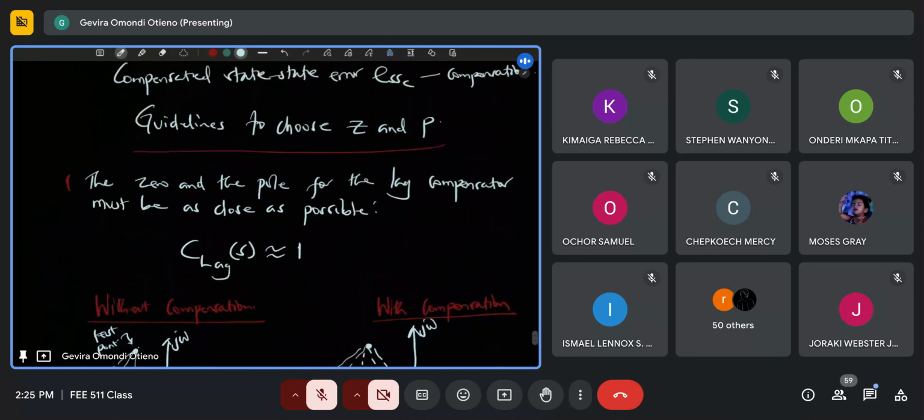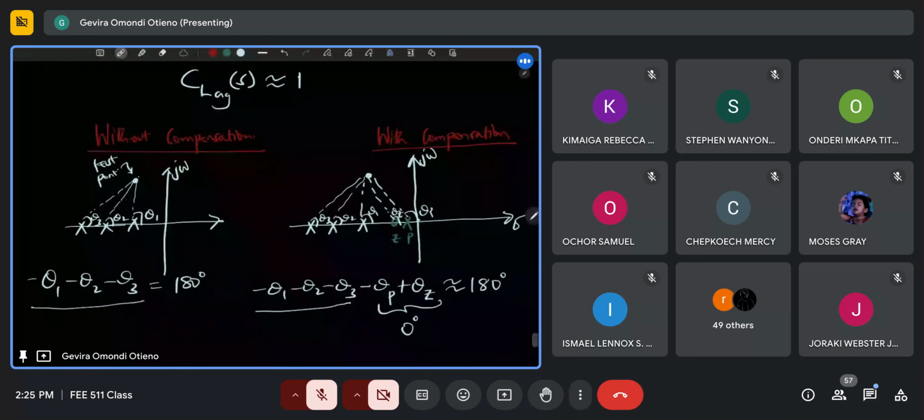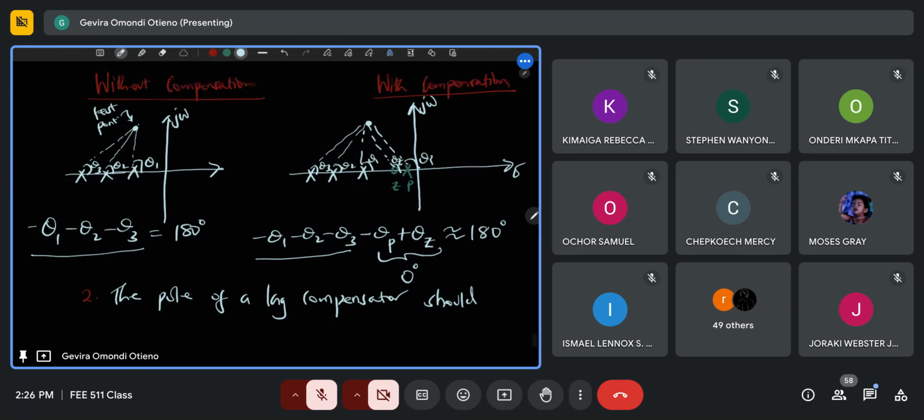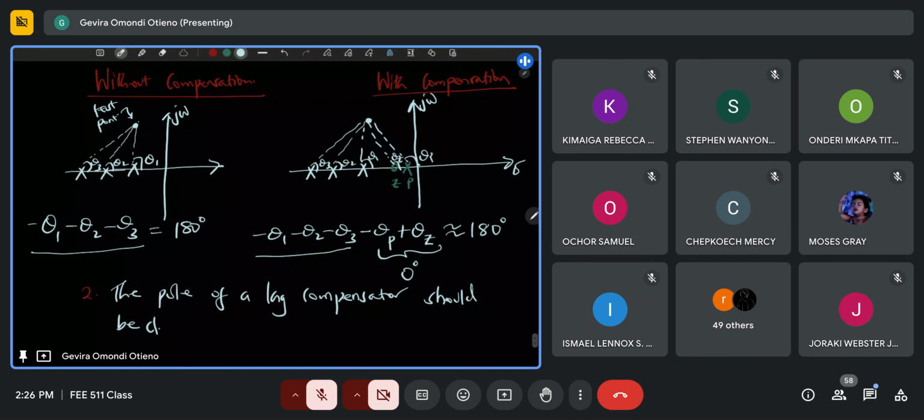Actually, I can write it here as number 2: the pole of a lag compensator should be close to the origin.